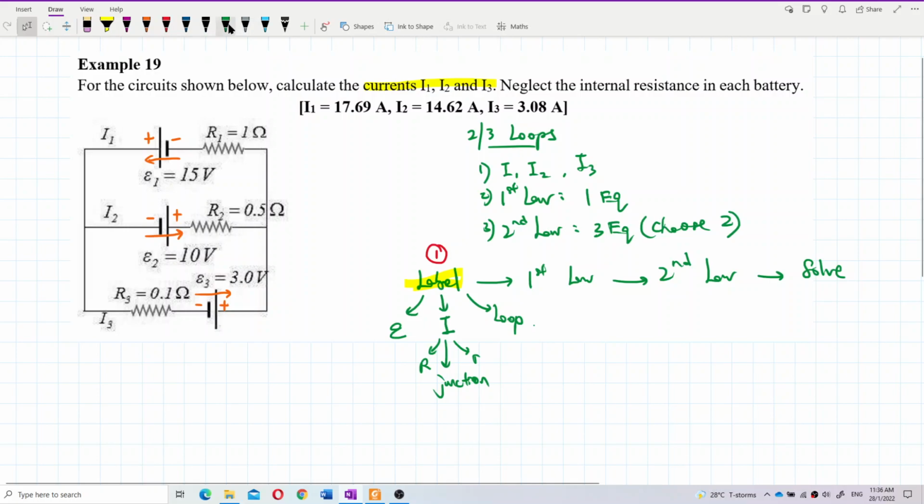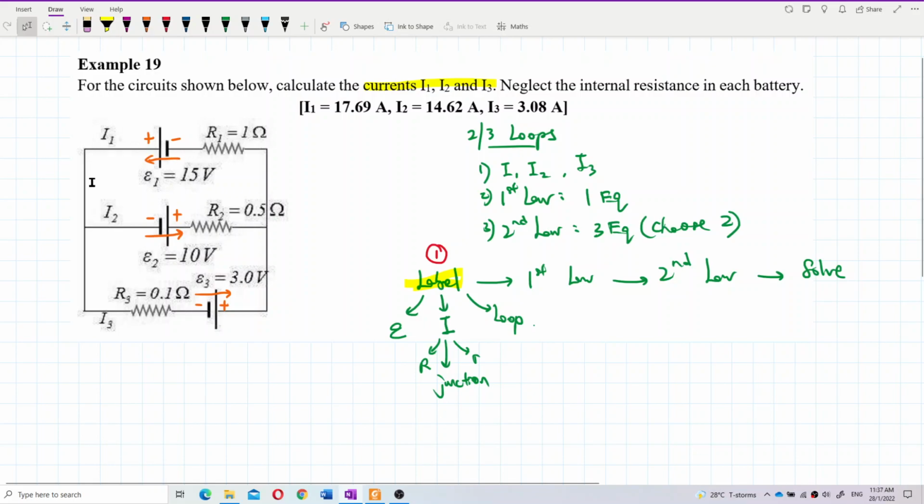So where is the current? Look at I1. Current always flows from positive to negative, so it looks like this.